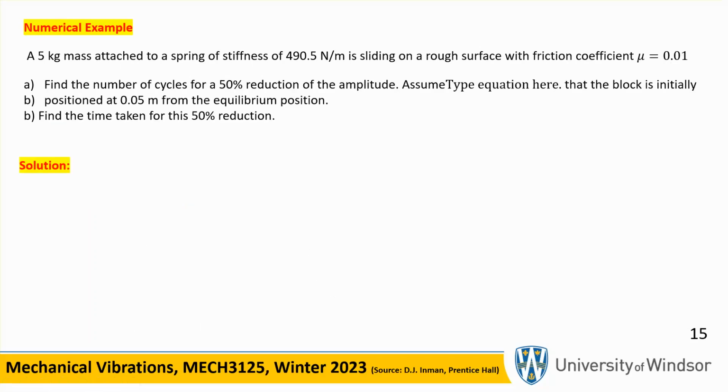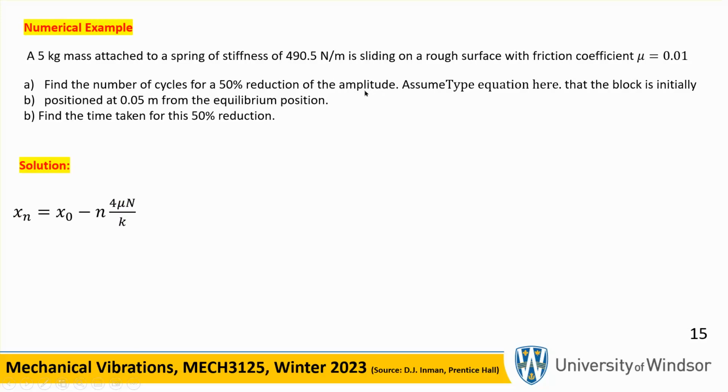Let's do another problem. So we have a 15 kilogram mass attached to a spring of stiffness. So we have the m, we have the k, and we have the coefficient of static and kinetic friction. So basically, this is Coulomb damping because friction is given to us. Okay, find the number of cycles for 50% reduction of amplitude.